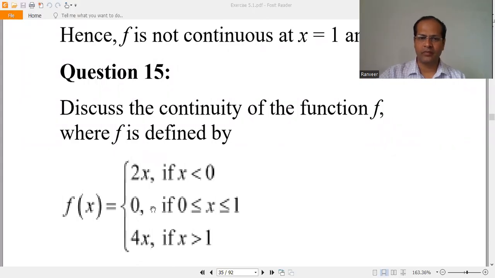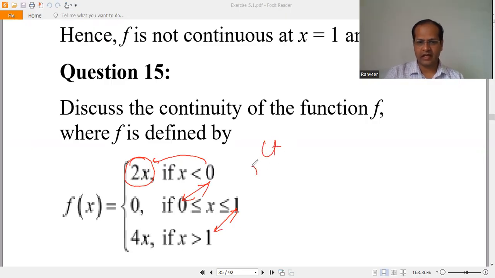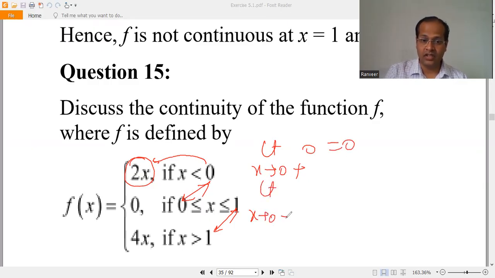In this case also we have to do the same. From 0 to 1 this function is continuous. Suppose we take a point C less than 0, the function is definitely continuous. But at the particular points 0 and 1 we have to check. Limit x tending to 0 plus, the function definition is 0, and limit x tending to 0 minus, it is 2x, which is 0, so both values are same.